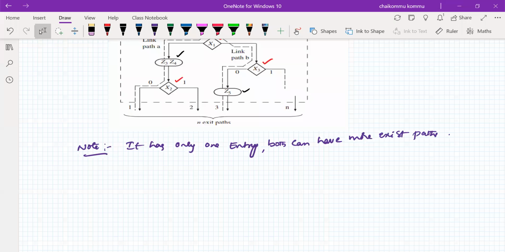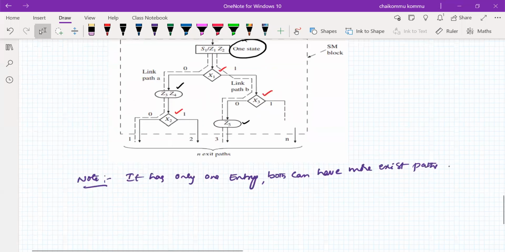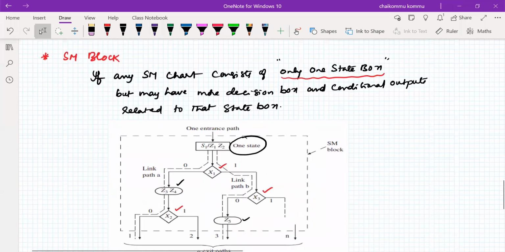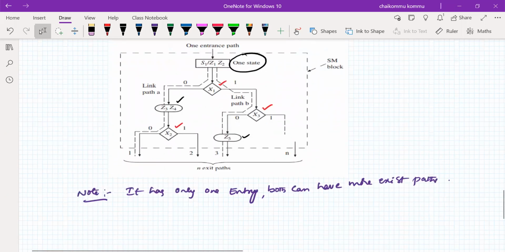Now let us take another important definition about this one: equivalent SM blocks. I hope you understand this SM block, right?